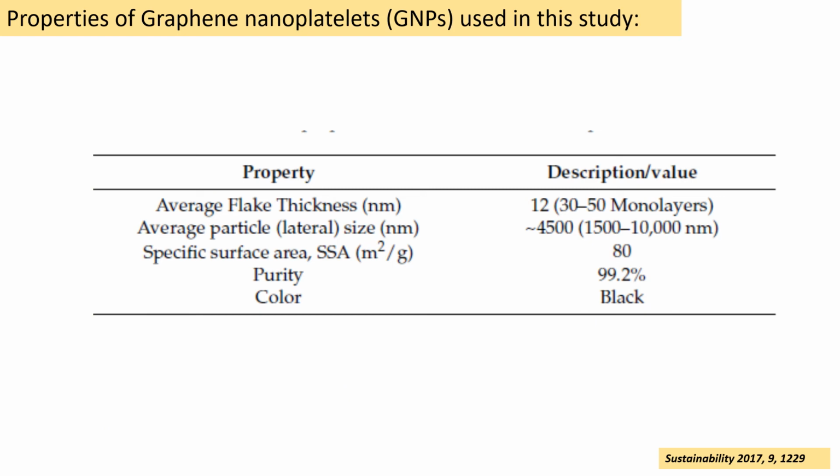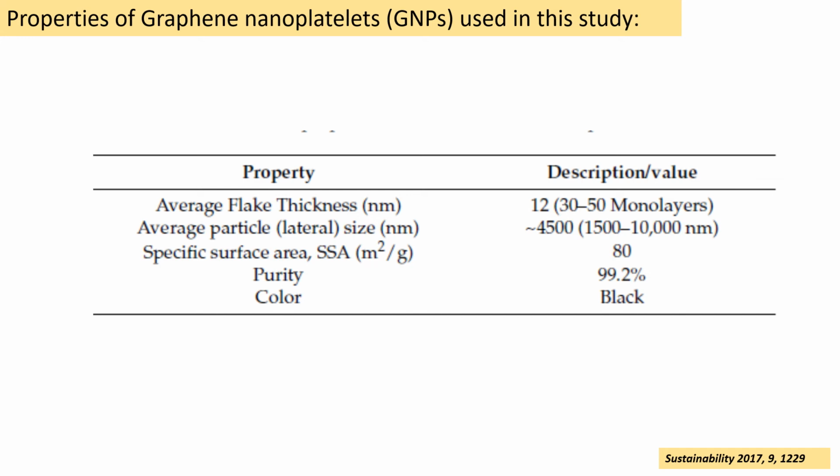They have used graphene nanoplatelets with an average lateral size of around 4.5 micron, or 4500 nanometer, and 30 to 50 monolayers in thickness. So it's quite thin with a large lateral size. Due to this large lateral size, it has a very high surface area, 80 square meters per gram, and it's quite pure, 99.2%, almost 99%.